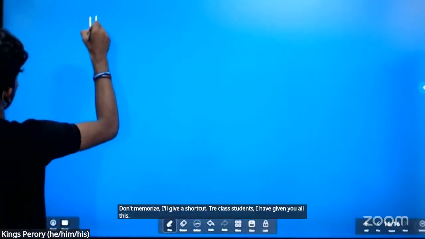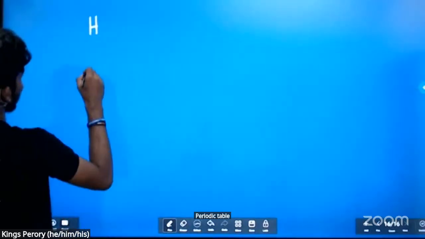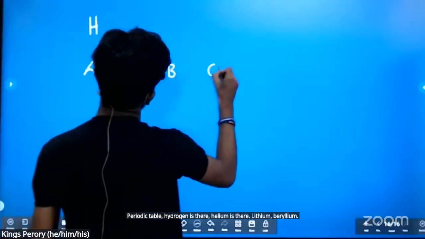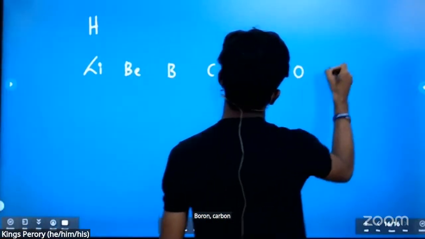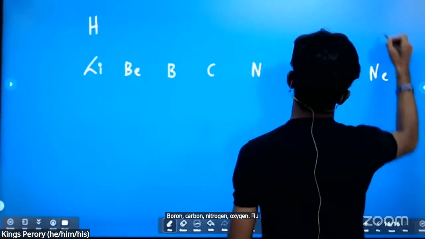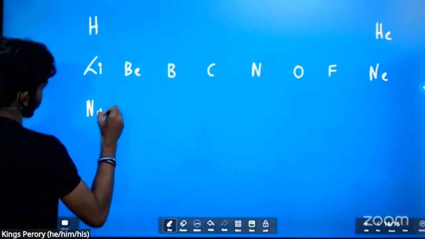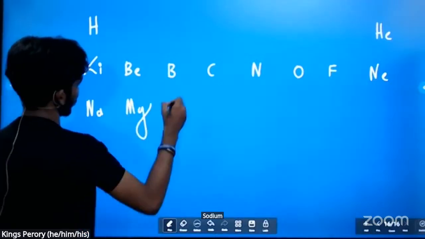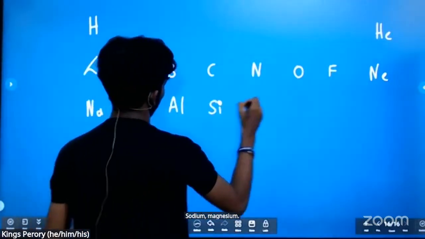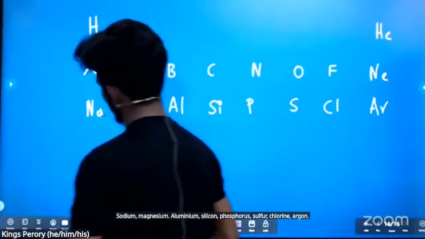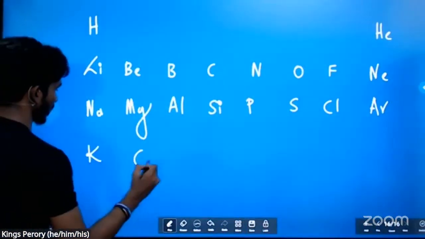Theory class students, I have given you all this. Periodic table. Hydrogen, helium, lithium, beryllium, boron, carbon, nitrogen, oxygen, fluorine, neon. Sodium, magnesium, aluminium, silicon, phosphorus, sulfur, chlorine, argon, potassium, calcium.